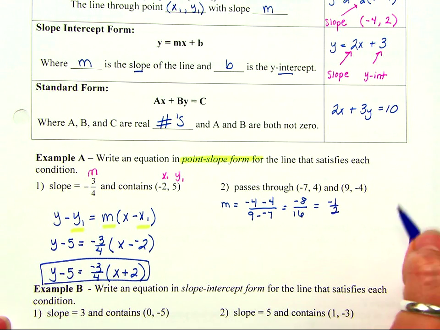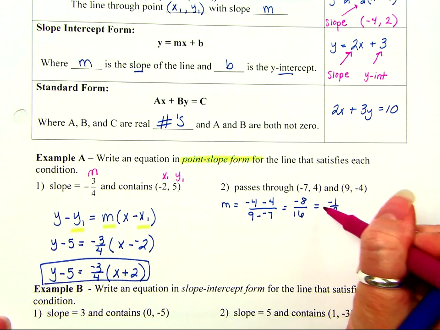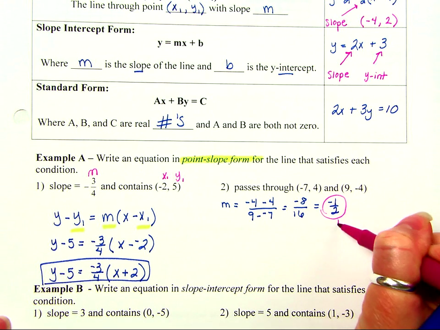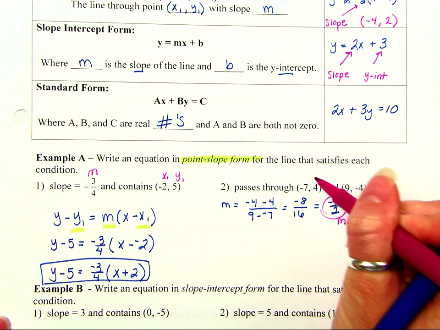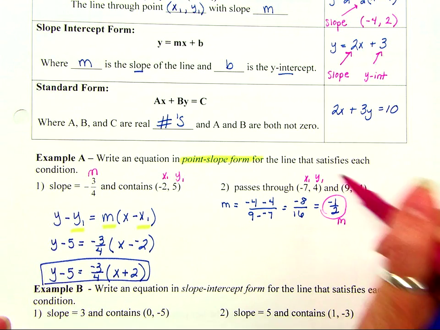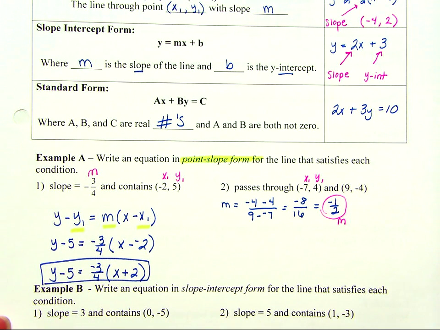Now I have my slope, and I actually have 2 different points that I could use. If I happen to pick the first one, x1, y1, I would be using negative 7 and 4, but it also passes through the second point, and so really I could pick either point.